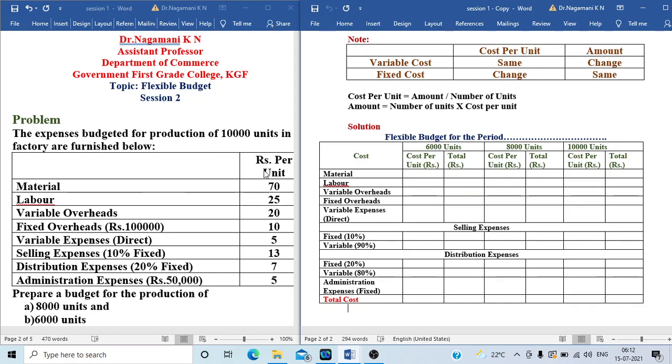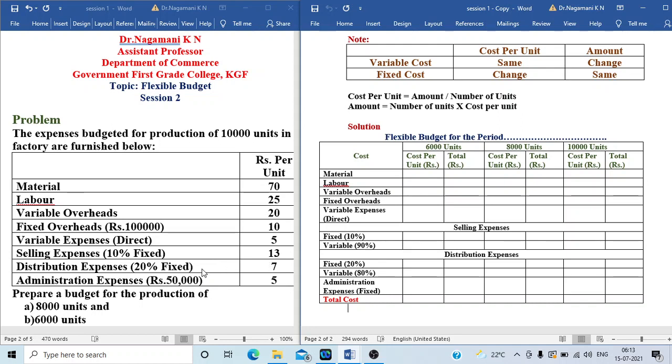Here again rupees per unit information is given for material, that is 70, labor 25, variable overhead 20, fixed overhead amount is given 1 lakh and cost per unit is 10, variable expenses direct, that is cost per unit is 5, selling expenses 10% fixed and remaining 90% is variable and the cost per unit is 13.